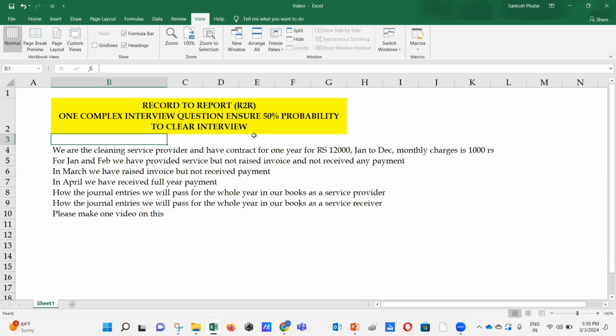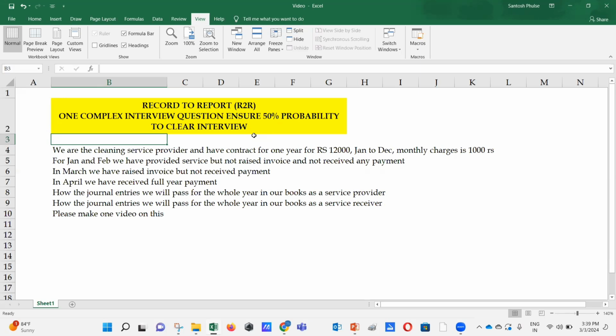Monthly charges are rupees 1,000. In Jan and Feb, we have provided the service but not raised an invoice or received any payment.